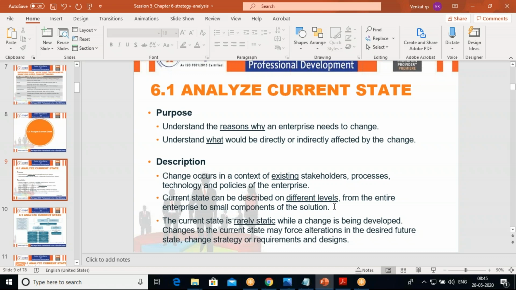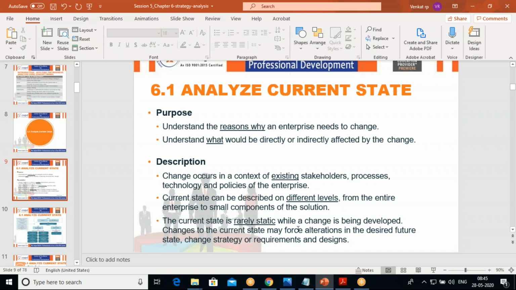Different levels means the top management may look at the same change from one point of view, the mid level may look at different variations, and the lower level may view it differently. So they may have it in different states. We need to understand the current state from different levels.